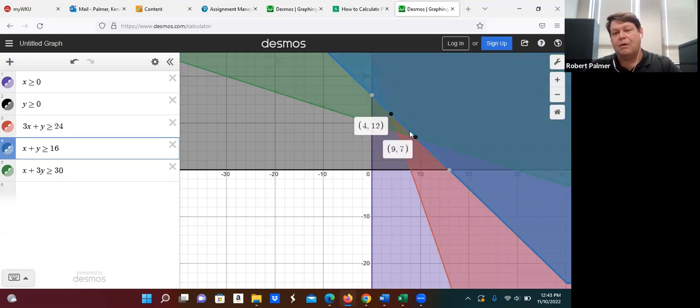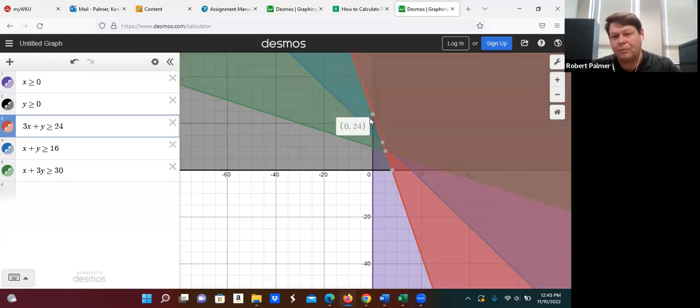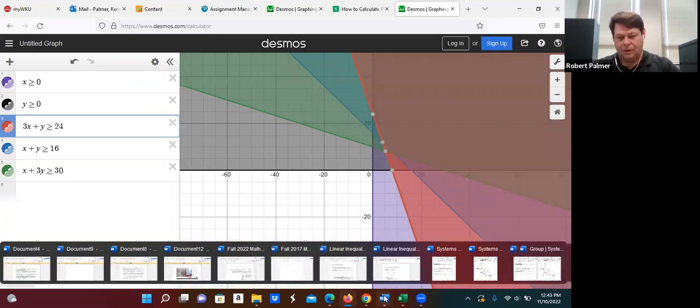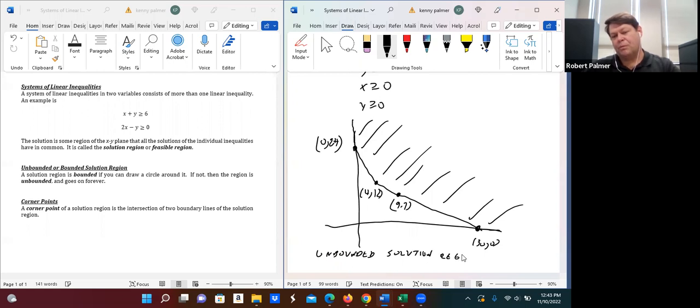And there's our corner points here, there, and then this one right here, and then right up here. Okay. Now, so this is unbounded. Solution region.